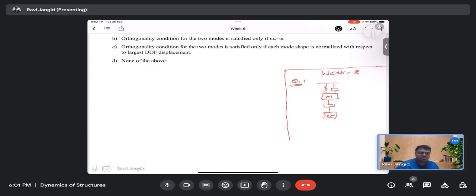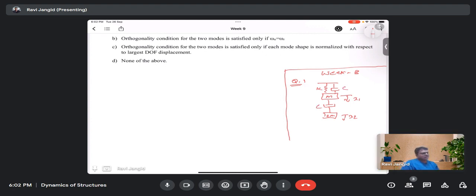Can you help me get the question? Yes, correct. They are asking for the equation of motion regarding x1 and x2, so that would be your x1, that is your x2, and the stiffness is k, c, and c. That was the same question.